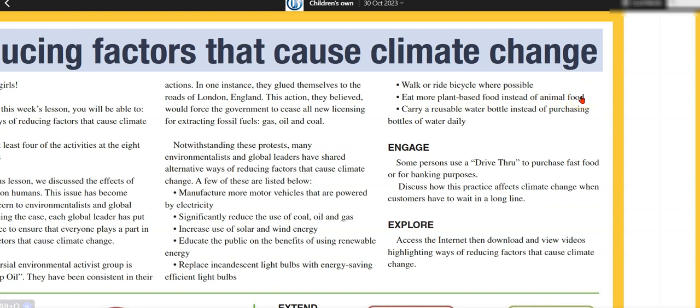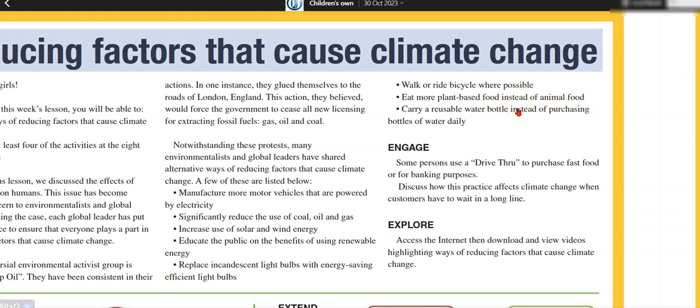Eat more plant-based foods instead of animal food. And this is because cows, for example, we use it for our burgers and so on. They produce a lot of methane, the cows themselves. They produce a lot of methane, and that adds to the gases that help with global warming.